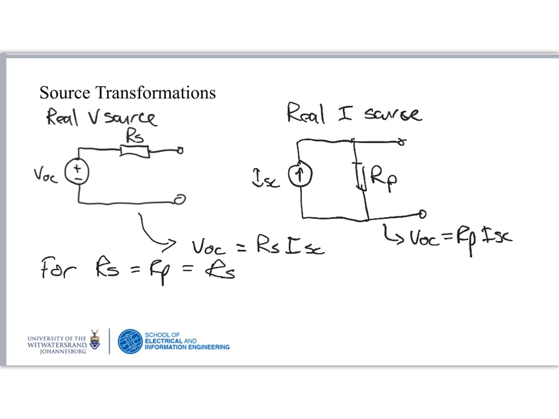Then you can see that these two sources are interchangeable. So we can transform a voltage source in series with this source resistance into a current source where we have the same resistance in parallel, as long as the equation V open circuit is equal to the source resistance times I short circuit holds true.